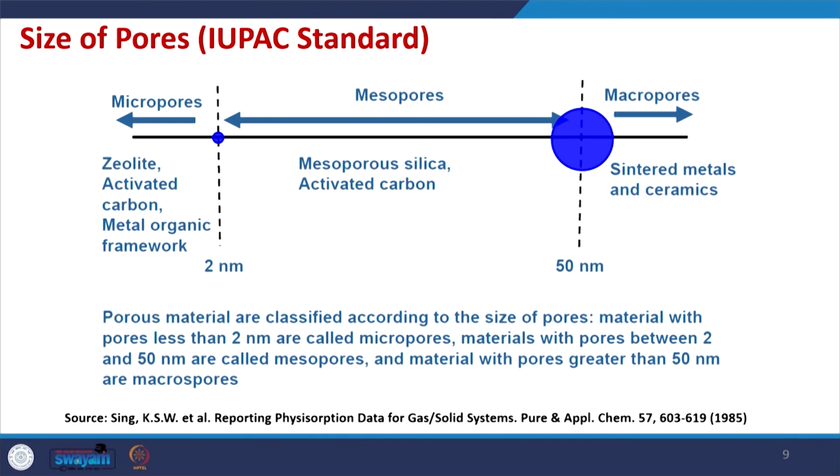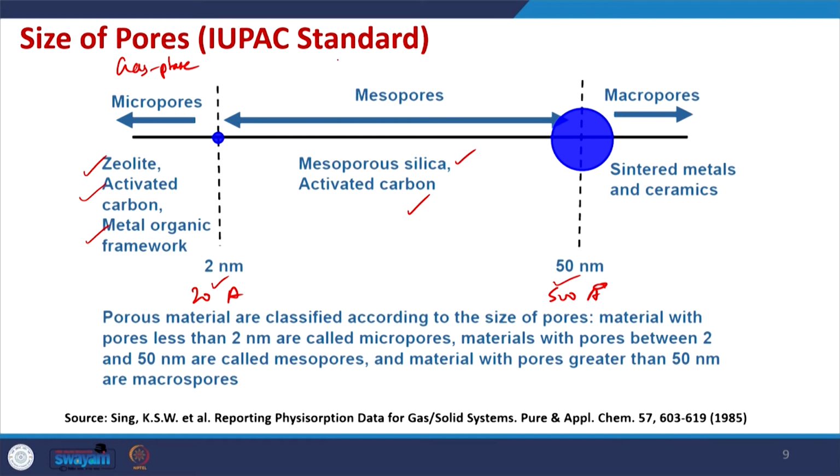So, we have mesoporous silica and activated carbons, which can be used more because their pore size is between 2 nanometer to 50 nanometer, or 20 angstrom to 500 angstrom, as listed here. Micropores are used for gas phase separation, where we generally see zeolites, metal organic frameworks, and activated carbons, because activated carbon may have micropores also.